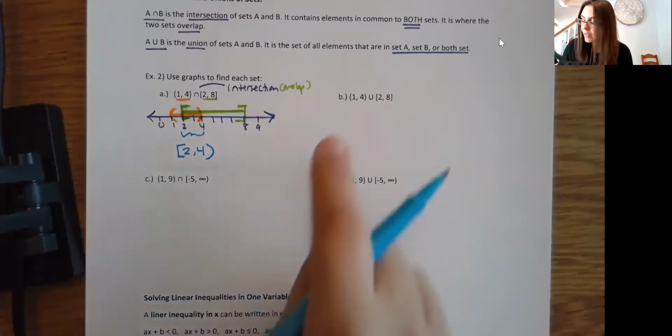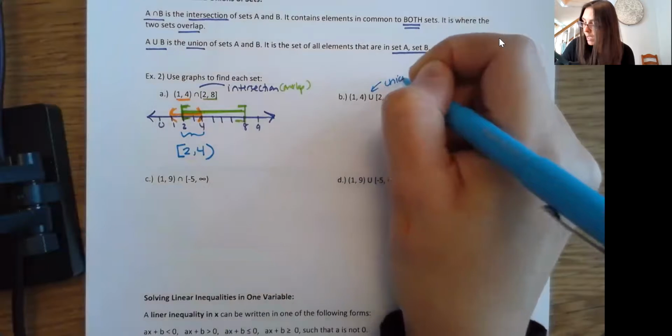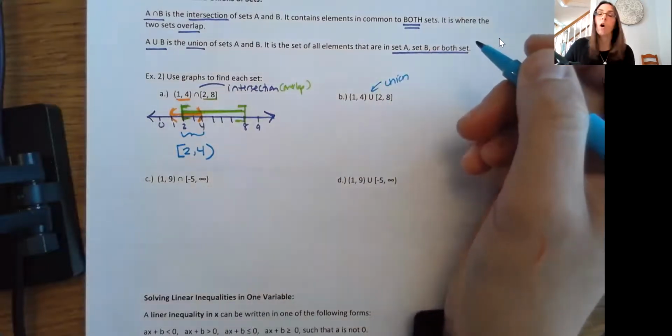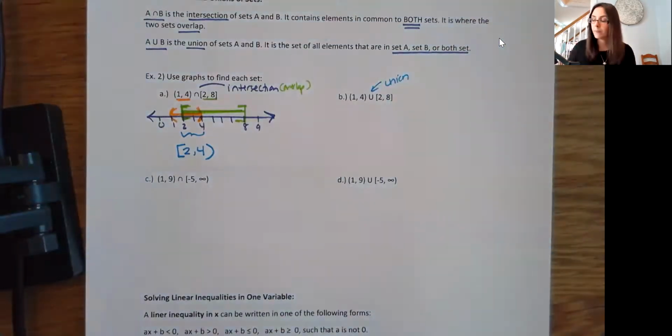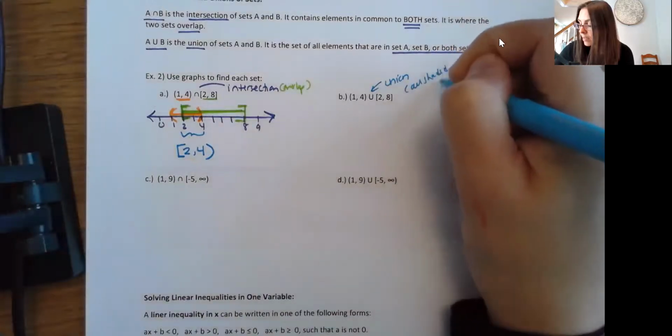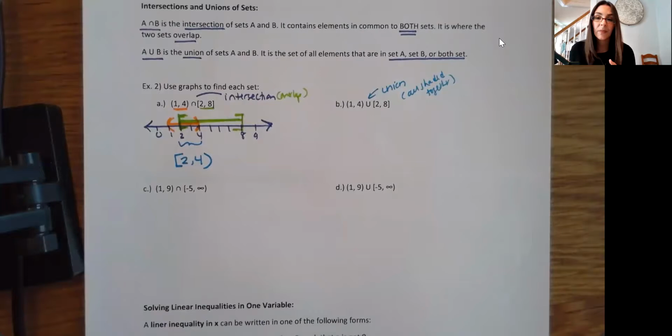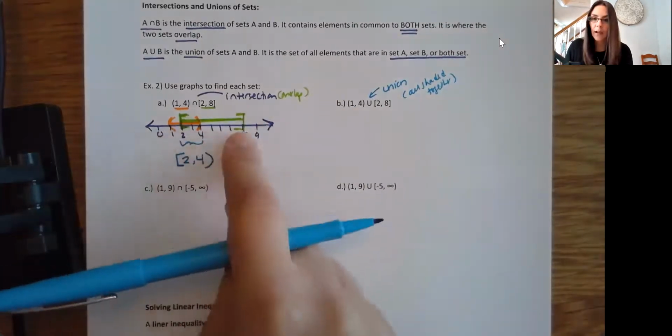Now we're going to do the same thing, but with the union. Basically you want to think about putting it all together, just kind of combining everything. So all the shaded stuff together is how you can consider it. As long as it's in one of the sets, then it's fine. It's the same set, so I'm not going to regraph this. Let's just use the same graph.